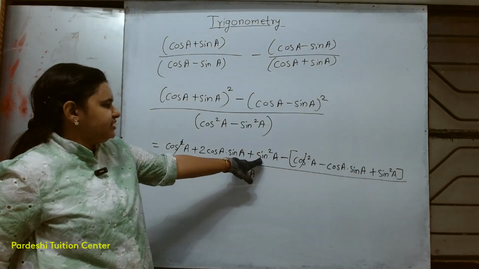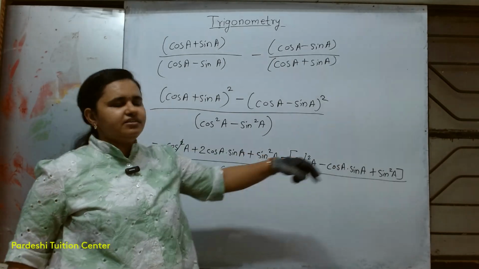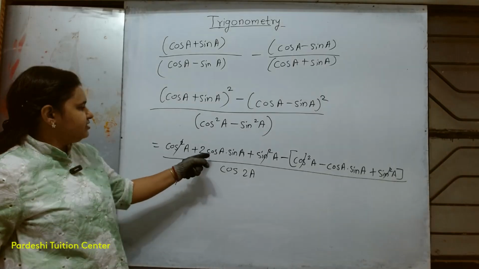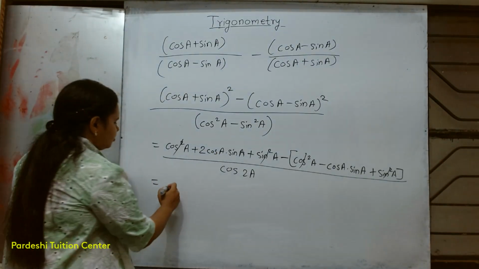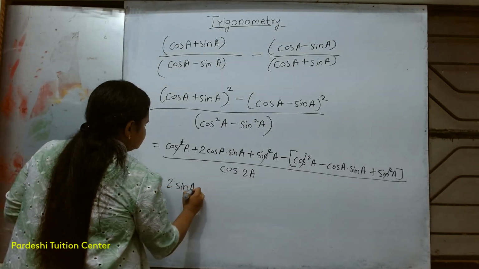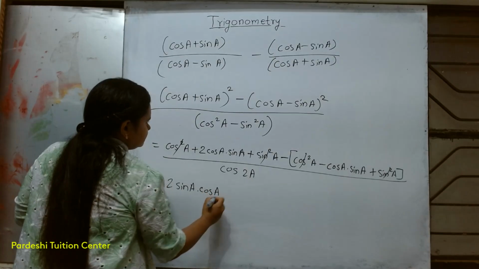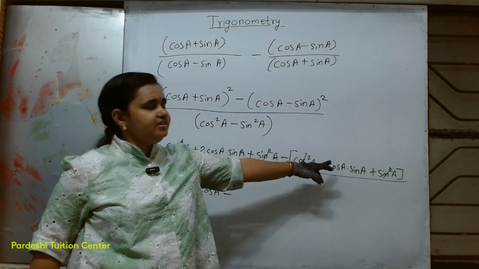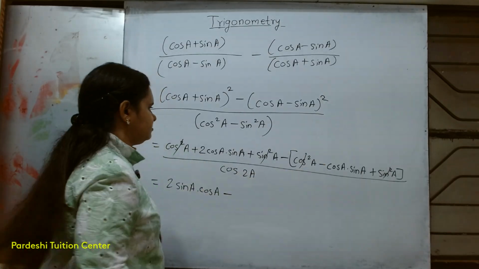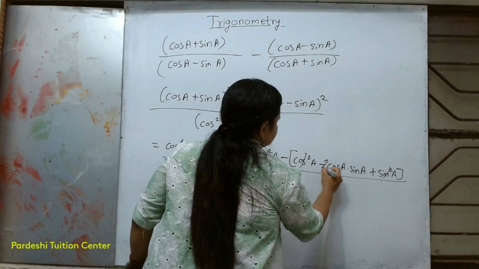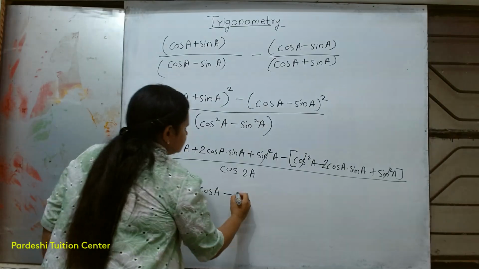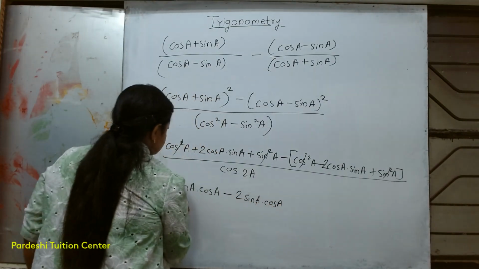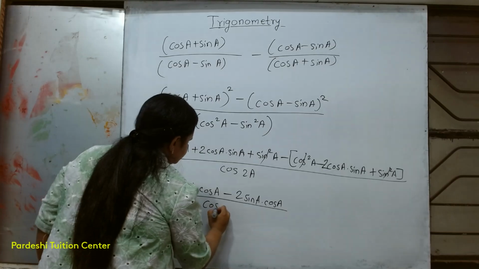Now sin square A, if we multiply minus inside, it will get cancelled. Now what is remaining? 2 sin A cos A, and minus, if we multiply minus inside, it will be plus. Here it was 2 sin A cos A upon cos 2A.